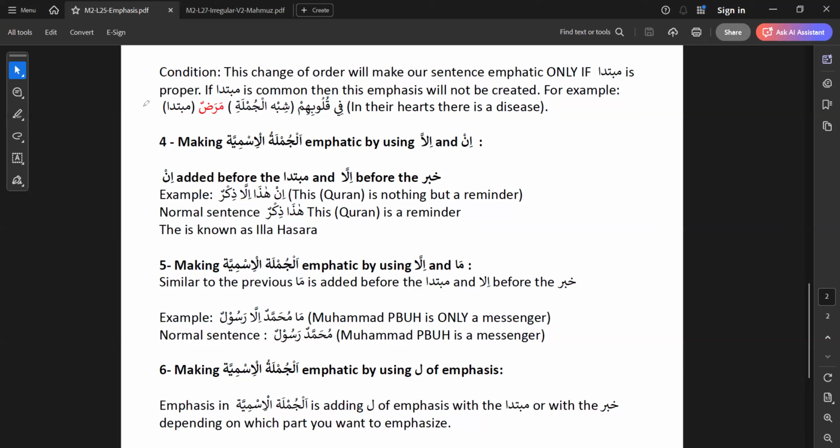Hasara means the mustasna will be marfu, not changed to mansub. That is the key. Try to remember this, everyone. As Sister Zakira straight away said, that is the evidence that it is illa hasara, because the mustasna there is not in mansub form.